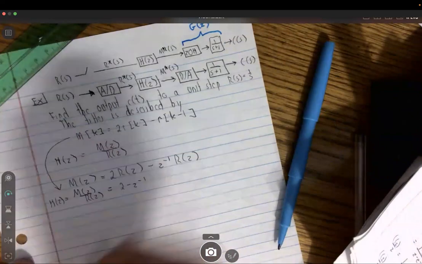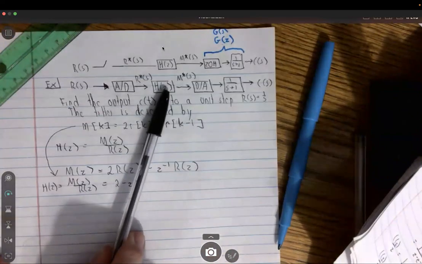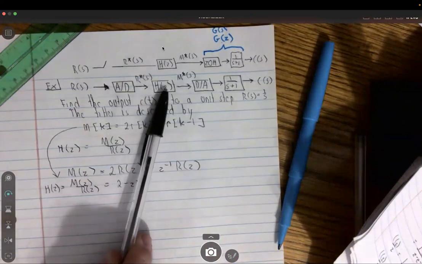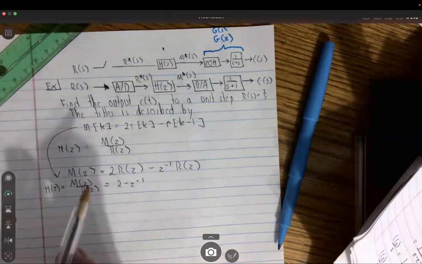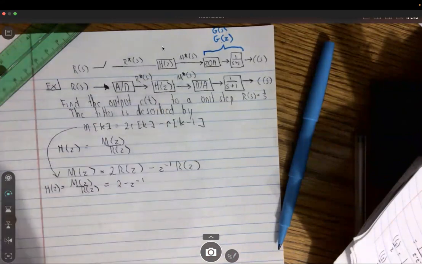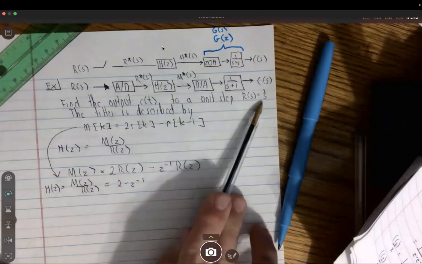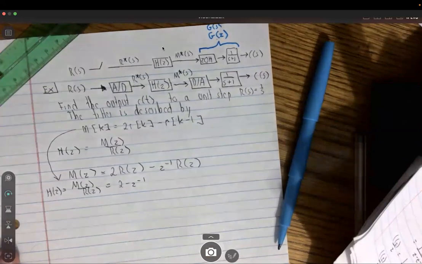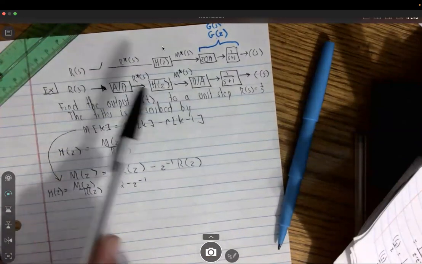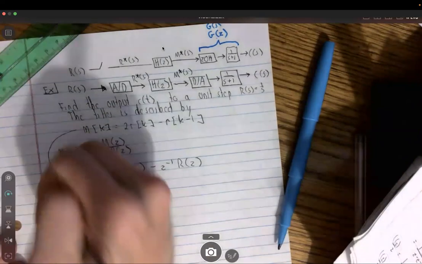And so with our H of Z, now that we found this, we know what our R of Z is, correct? Our R of Z is literally just going to be Z over Z minus 1, because it's a unit step. So we know what our R of Z is.